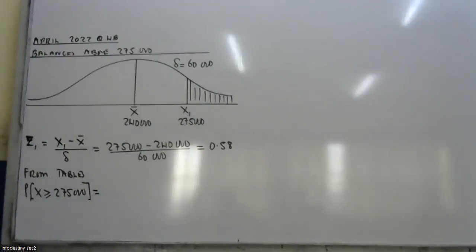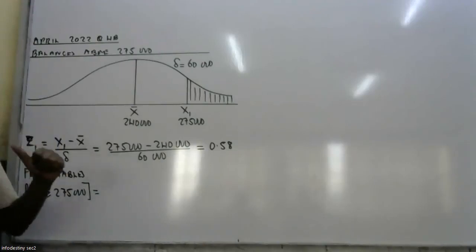Now, look here. When you read this one, it will give you the probability from where to where. From X bar to X1. Is that what you want? No. How do we get what we want? It is just like what I said in the other one.